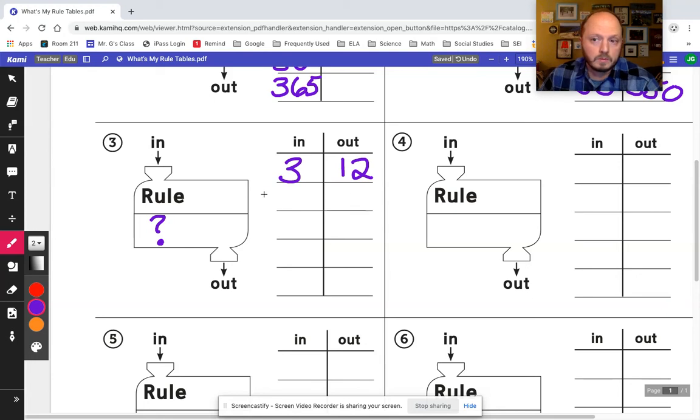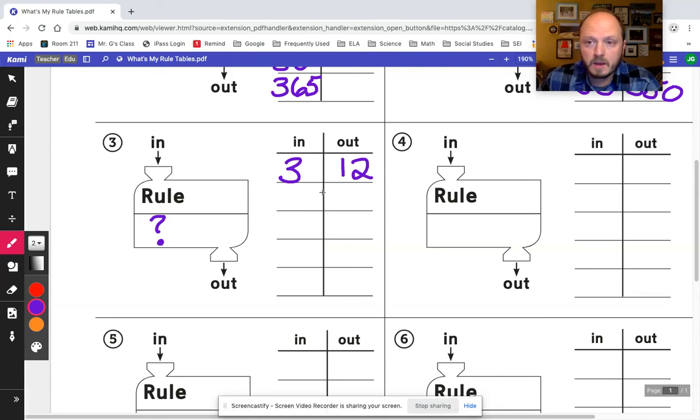No, we wouldn't, because we need to have at least a couple, maybe even 3 examples to really see what the rule is. Because this could be 3 plus 9. It could also be 3 times 4. It could also be maybe a multi-step operation here. It could be plus 10 minus 1. So there's a lot of possibilities here.